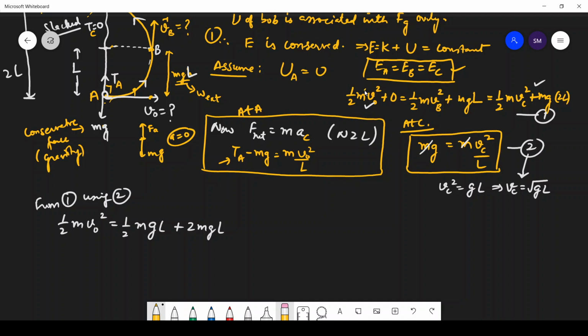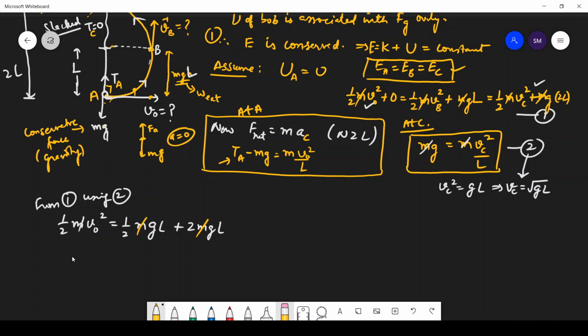M can be cancelled out, students, from this equation. So what V naught comes out to be?